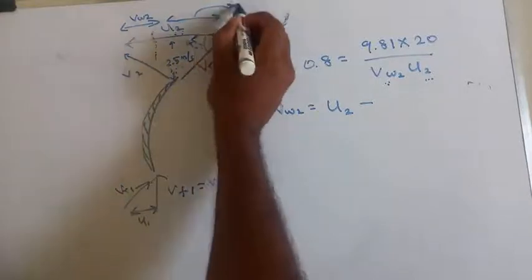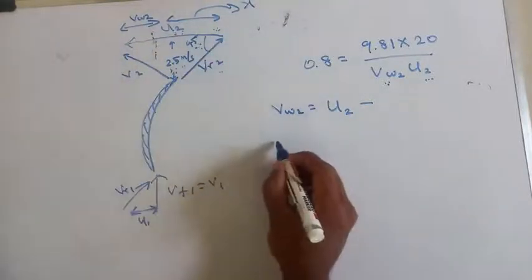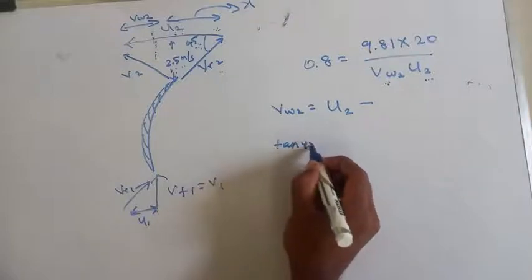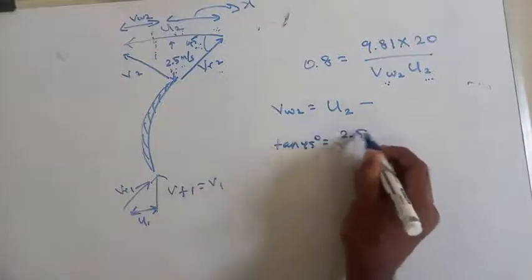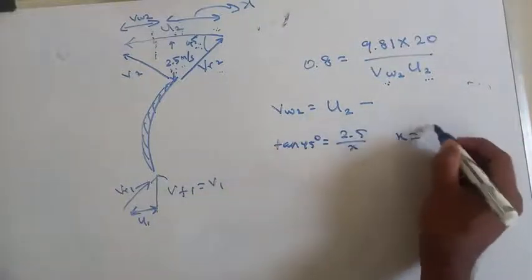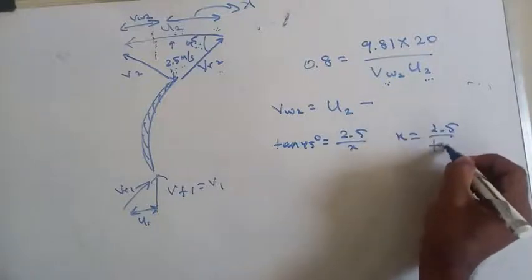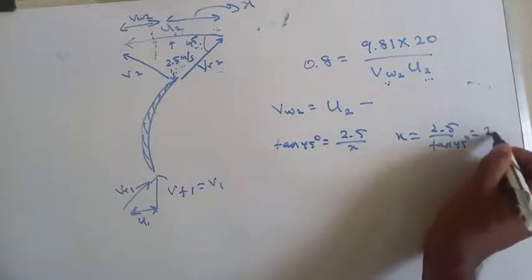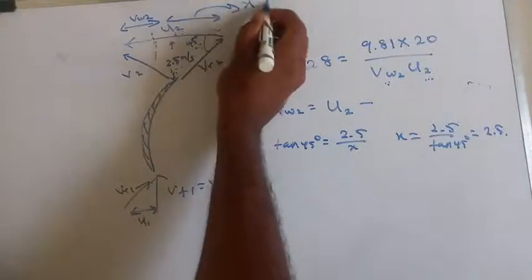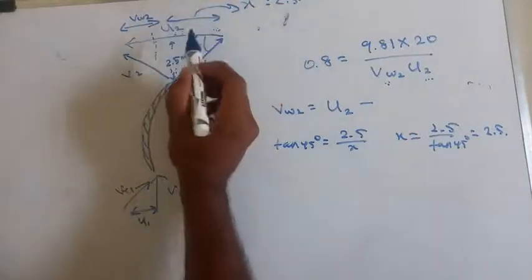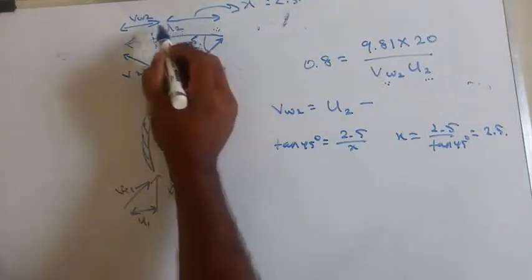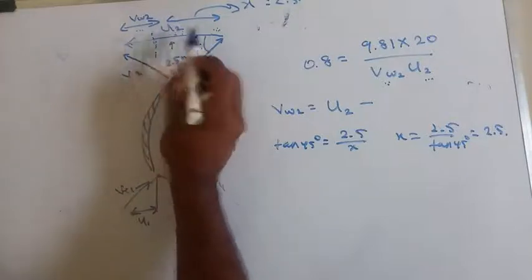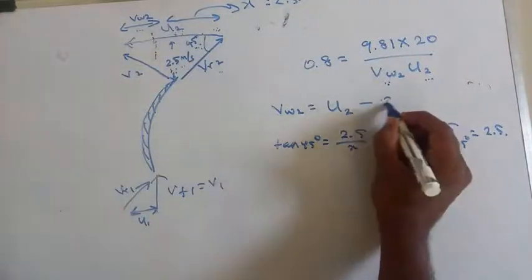I am writing this as x. So tan 45 is equal to 2.5 divided by x, so x equals 2.5 divided by tan 45. Tan 45 is equal to 1, so x is again 2.5. So I can write VW2 is equal to U2 minus 2.5.